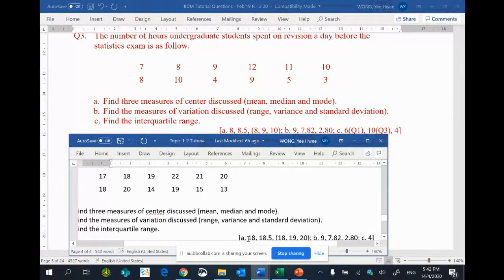The mean will shift again to the higher side. I add 10, so the mean should be 28. The median should be 28.5, and the mode will be 28, 29, and 30. What happened to the range and the spread? They won't change. They still remain at 9, 7.82, and 2.8, and the IQR is still 4.